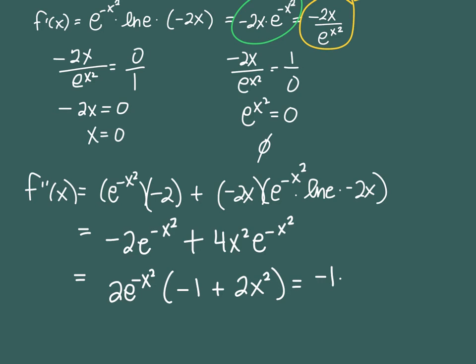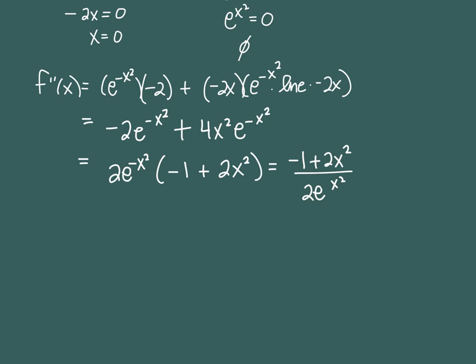Or negative 1 plus 2x squared over 2 e to the negative x squared. So again, I'm going to always encourage you to write it without negative exponents, so e to the positive x squared. All right, then you're going to set that equal to 0 and undefined.